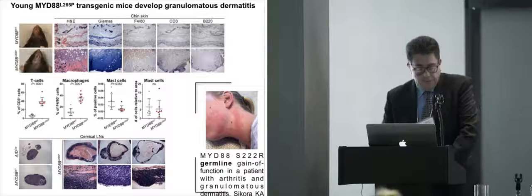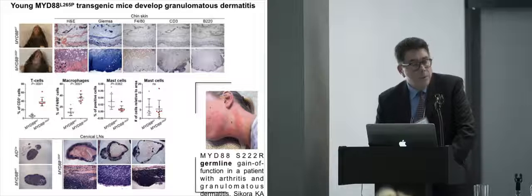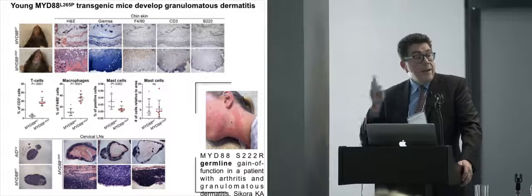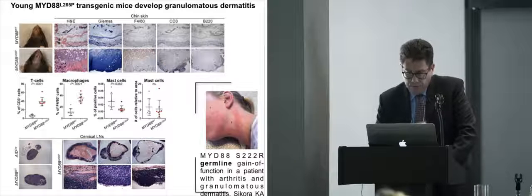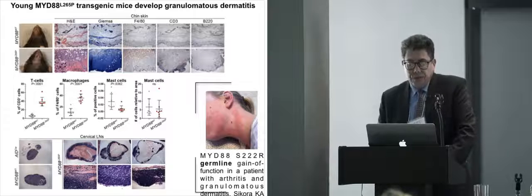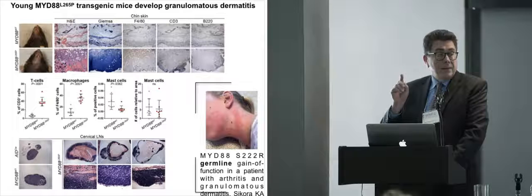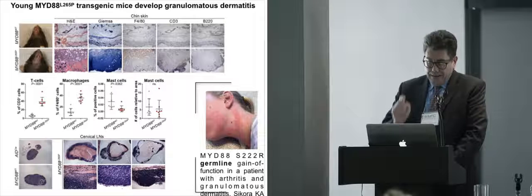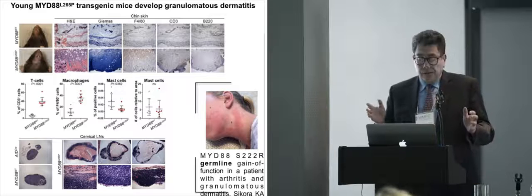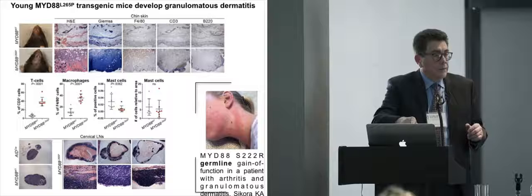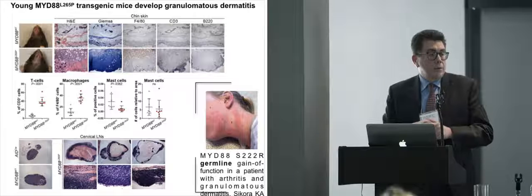Interestingly, last year somebody published a case of a Waldenstrom patient that has a somatic mutation in MYD88, not germline. This patient had a rash in the neck, characterized similarly to what I've described, what you see in the mouse.